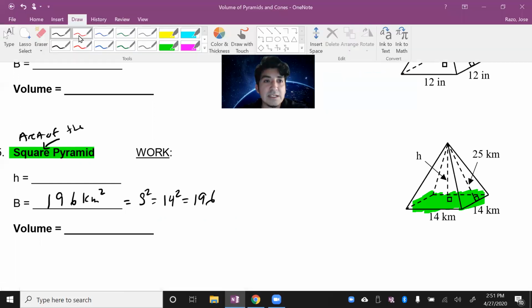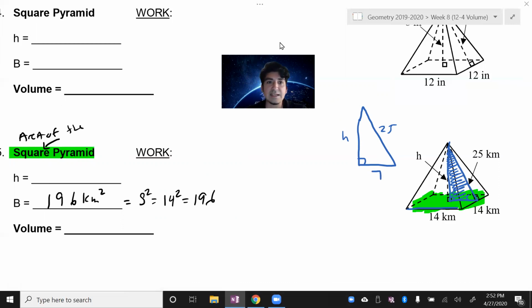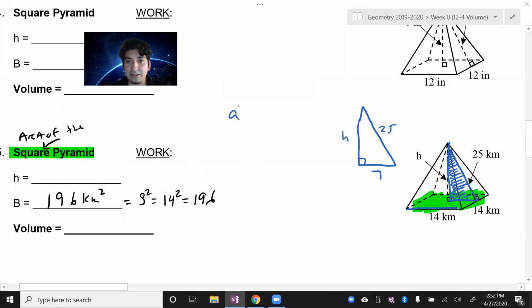Now, to find the height, which is the harder part, we have to look at this triangle right here. You have h, you have 25, and this 14 represents that whole line on the bottom, so we cut it in half and it becomes 7. Then we can use the Pythagorean theorem, a squared plus b squared equals c squared.